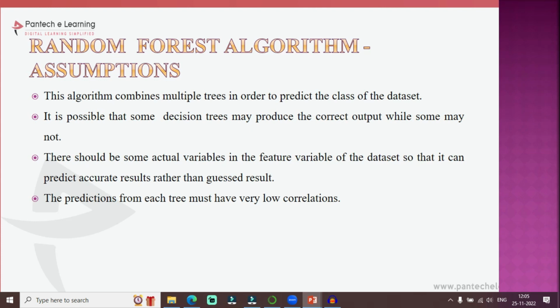This algorithm is going to combine the results of several decision trees in order to predict the class of my data set. The predictions from each tree must have very low correlations. So all these are the different assumptions.